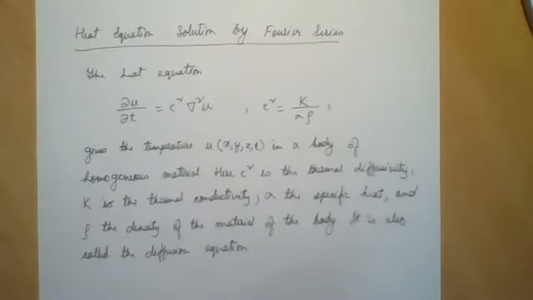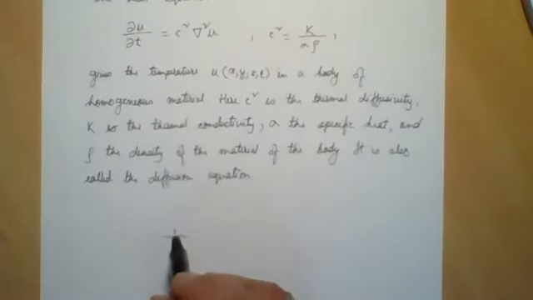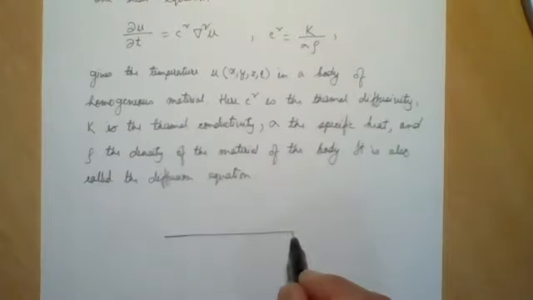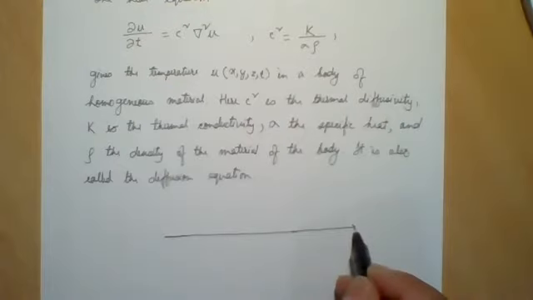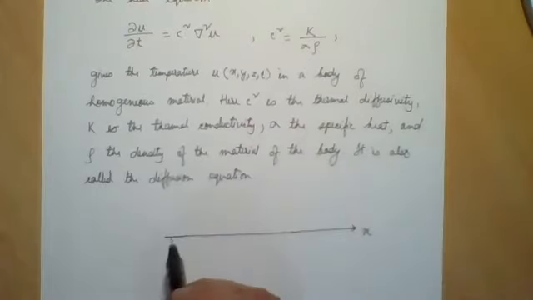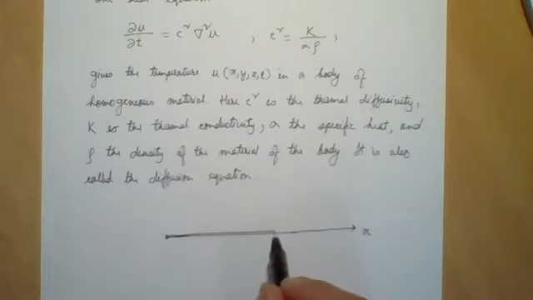Okay, so let me draw the diagram here. I have a metal bar, long thin metal bar. Okay, and this is the x-axis. The long thin metal bar is lying on the x-axis.